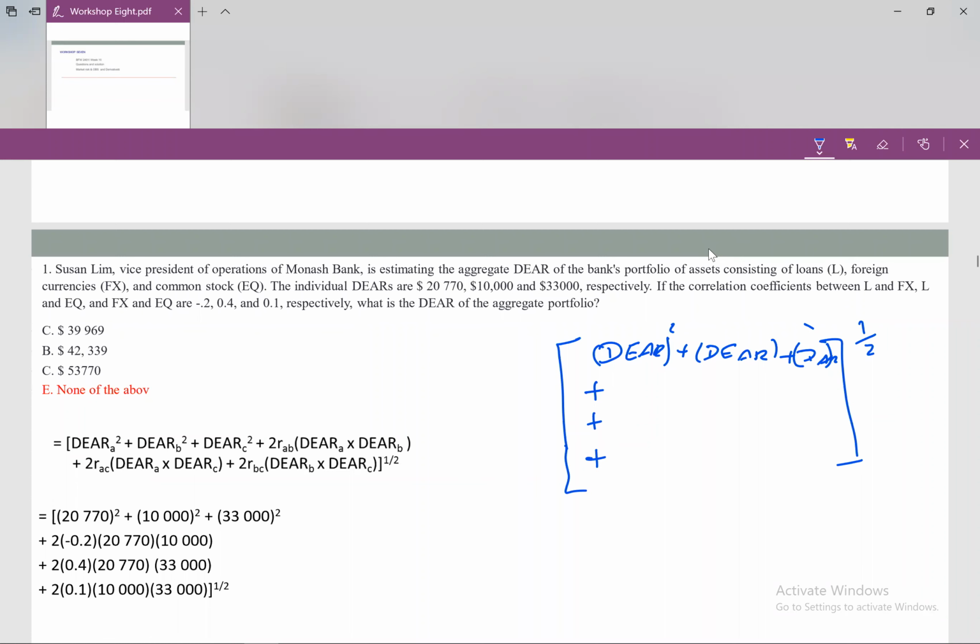We have the correlation here between, if this is A and this is B and this is C, you have to bring the correlation of the first one, correlation and correlation.